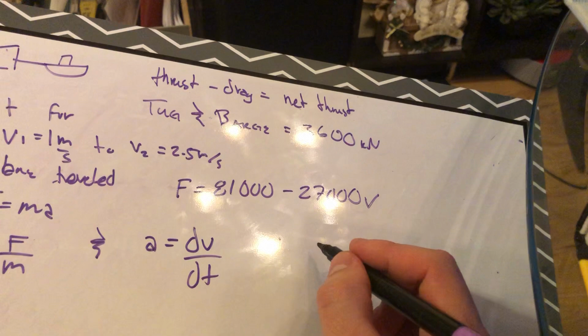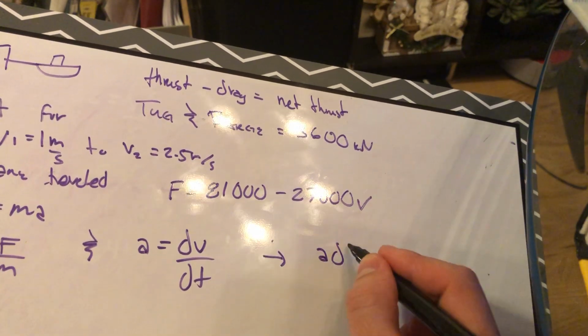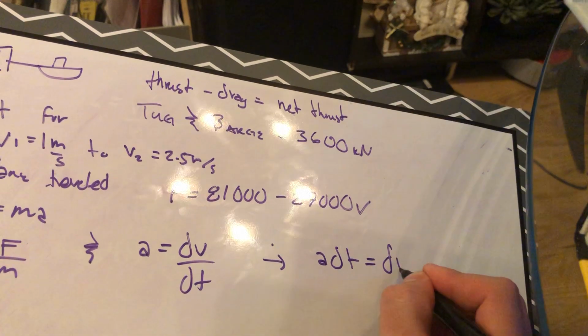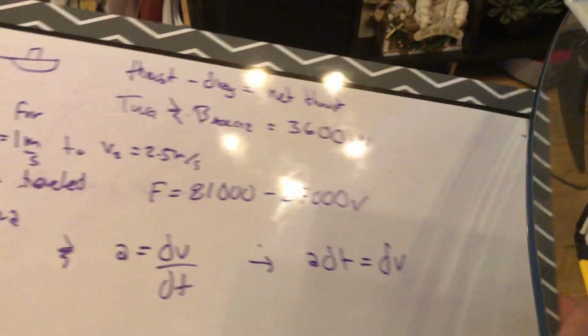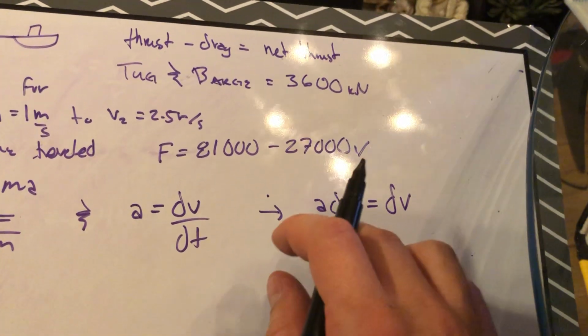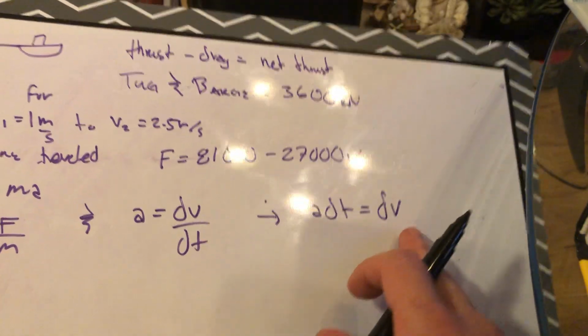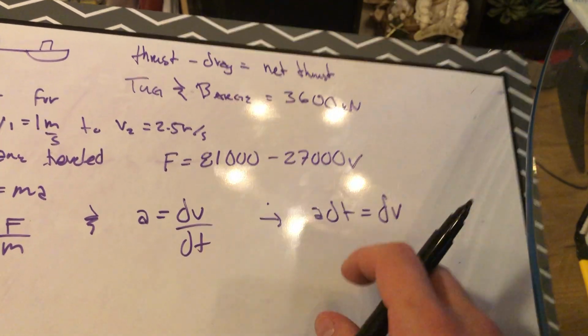So if we move that around, we can say A dt is equal to dv. And what we can do is take the integral of the acceleration from 0 to t, and the integral of the velocity term from 1 to 2.